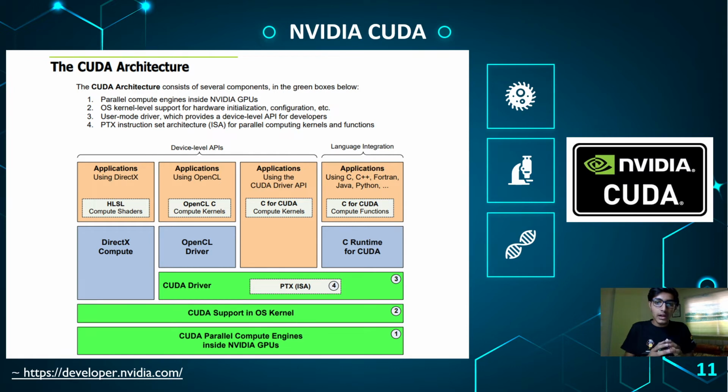It is used in programming in C++ and Python for runtime efficiency in deep learning and machine learning. It is used in different drivers for shader programming. It has OS kernel level support. It uses drivers, kernels and functions for parallel computing, programming, etc.